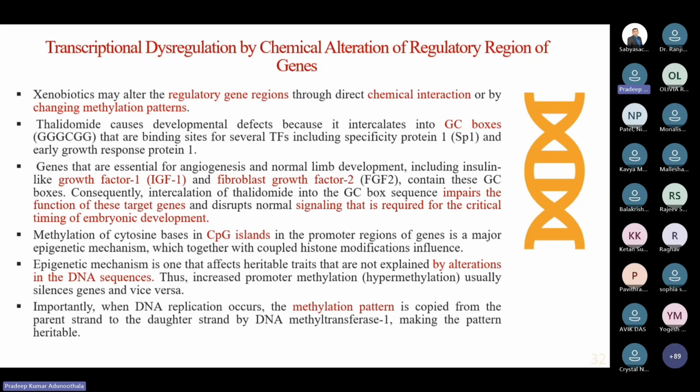This is a specific time where the embryonic development happens. In that time, these genes will act, and this helps in angiogenesis or limb development. In this phase, if thalidomide goes and binds to the specific boxes of the gene, which intercalates with those boxes and inhibits the growth factors or these fibroblast growth factors, that leads to the developmental toxicity.